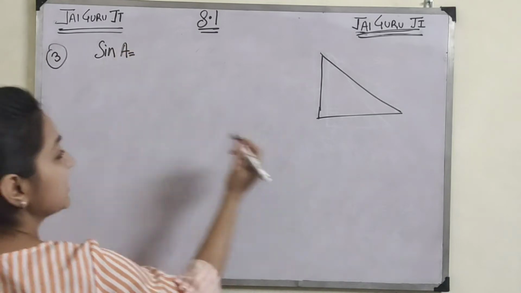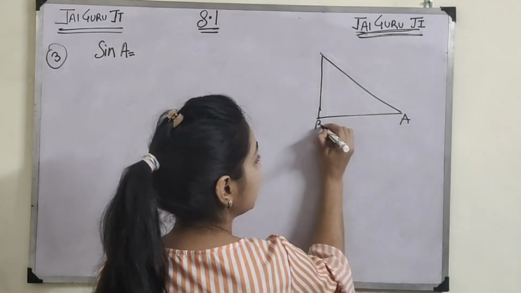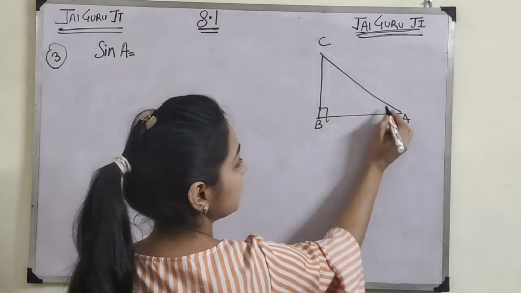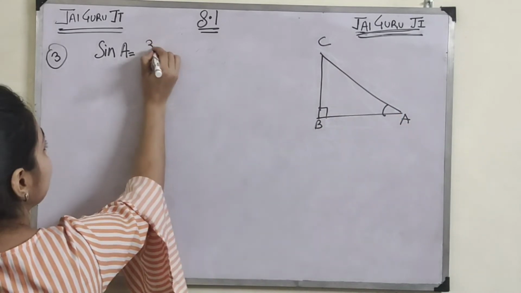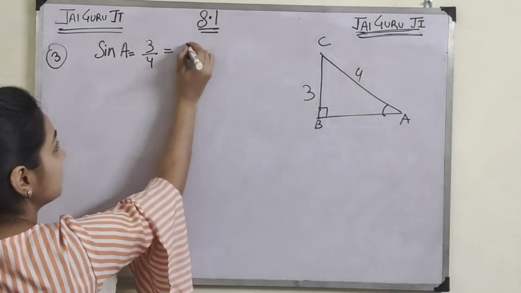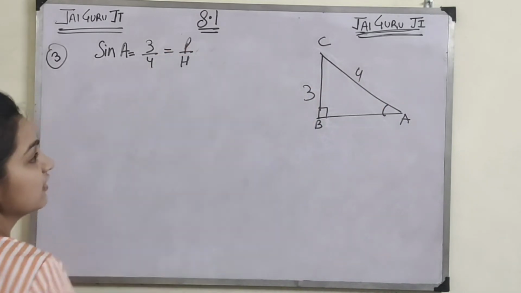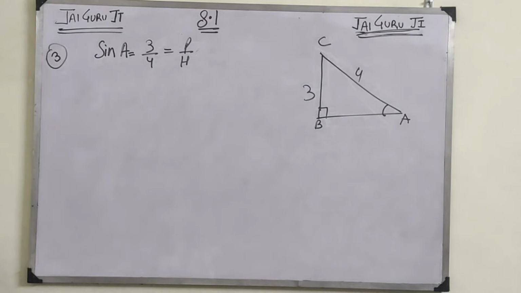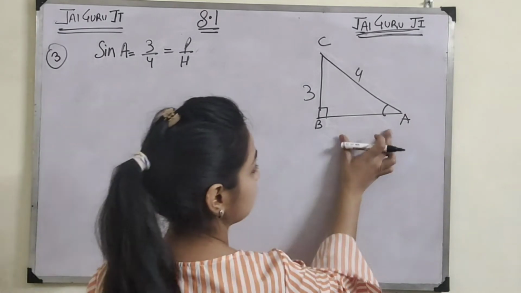Sine A means this should be A, B, C. So this is the angle. Is 3 by 4. This is P by H. What is the formula of sine? P by H. First of all, what we have to do now? We have to find out base.